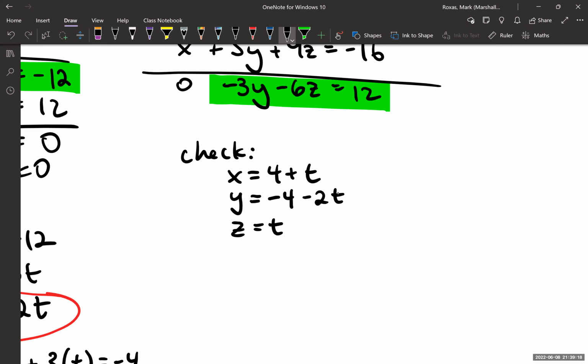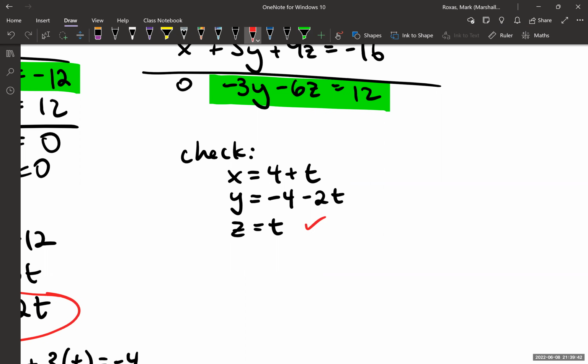This arises from me arbitrarily choosing z equals t. I could have made y equal to t, and then this entire set may look different. So when you look at the answers at the back of the book for some of your problems, they might say answers may vary, because you could get different representations of the same line of intersection I'm talking about here.